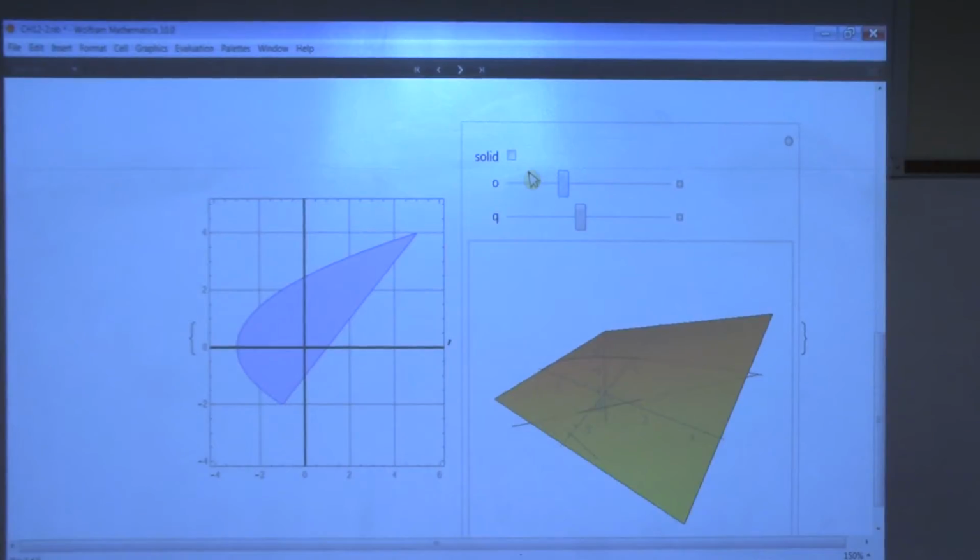There was the region. I'll do this one quickly. It's kind of an interesting solid. There it is.